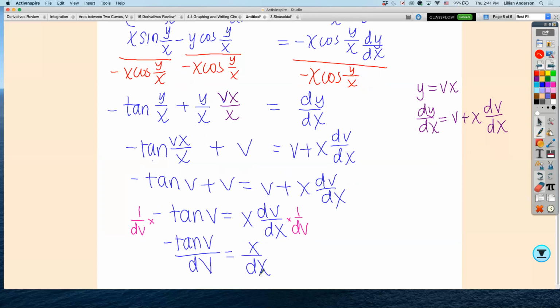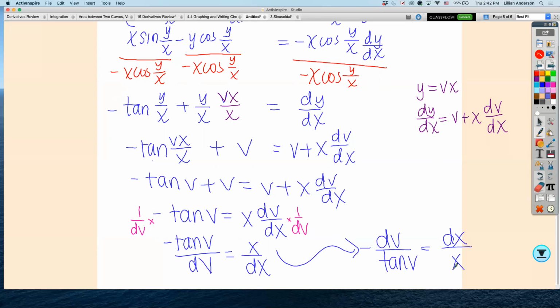Okay. So then, of course, I need to fix that, and that's gonna turn into dv. Let me fix that so it doesn't look like a u. dv over tangent v, or negative, and then this will be dx over x. One over tangent.